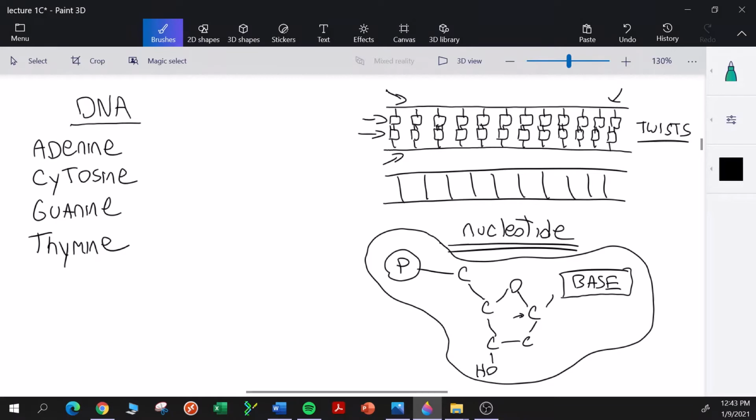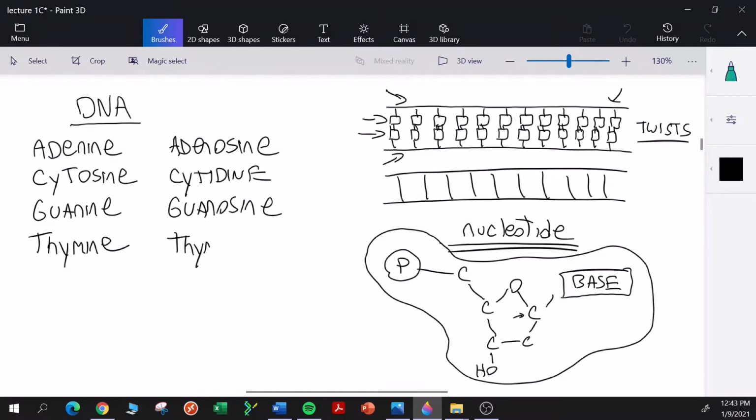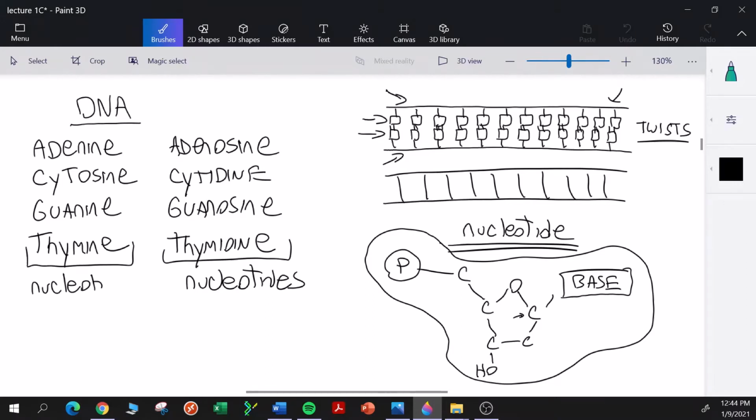Now, sometimes you're going to hear terms like this: adenosine, cytidine, guanosine, and thymidine. Now, these are very similar sounding words, right? Well, it turns out, these are the names of the nucleotides. And these are the names of the nucleobases.